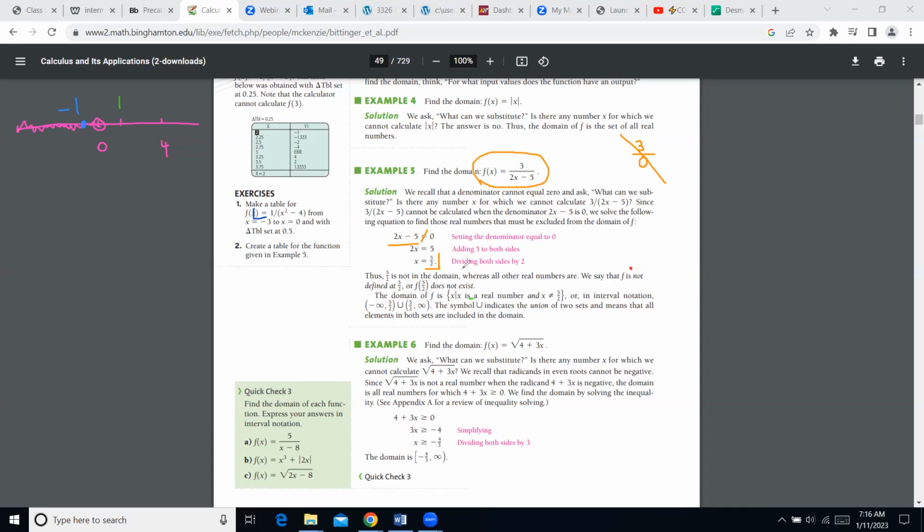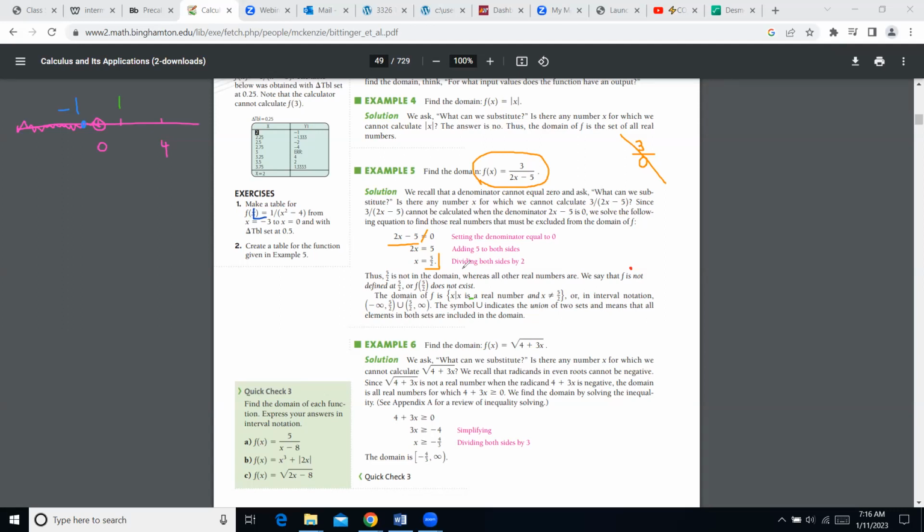So if there is an issue with domain, if the problem is at 5/2, well, then everything else is fine. There are no issues. And that's why they say, take anything but not 5/2, because it makes the denominator equal to 0. That's why. So that's the first case. So you don't want to have your denominator ever be 0.